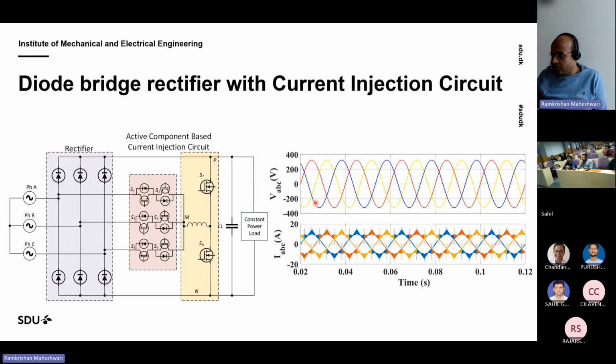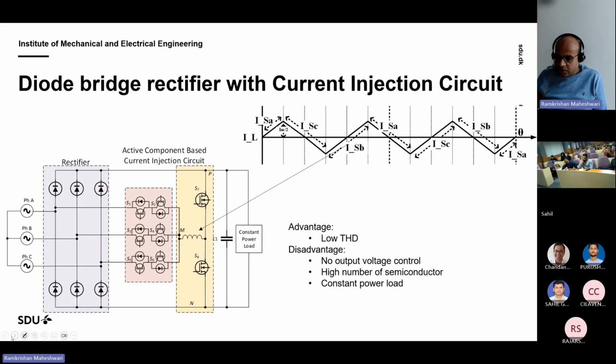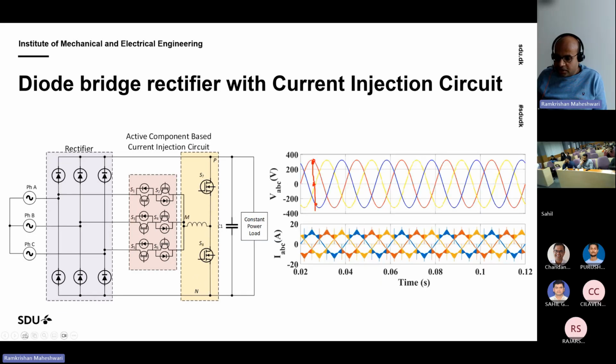So at this moment, phase A is maximum, phase B is middle, and phase C is minimum. At that point of time, we know the phase A top diode will conduct, the phase C bottom diode will conduct, and phase B will not conduct at all at this moment. So the current in phase B will not be there.